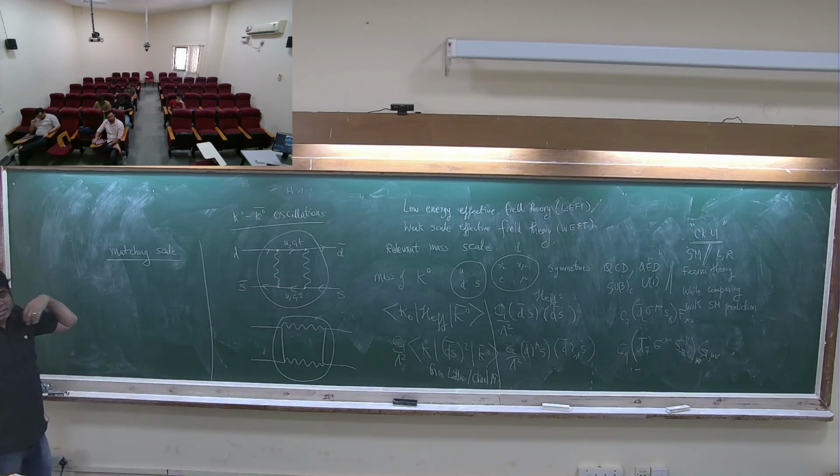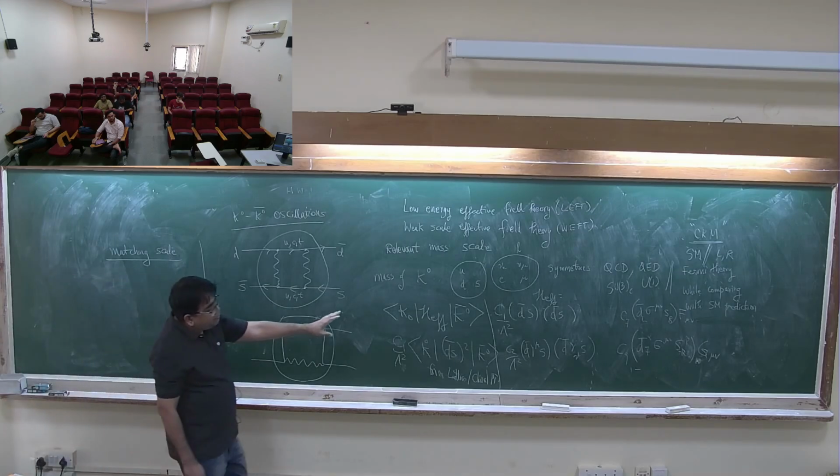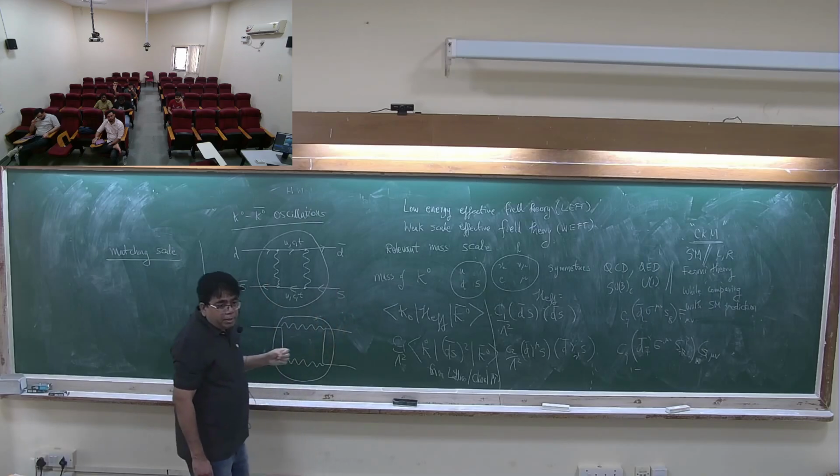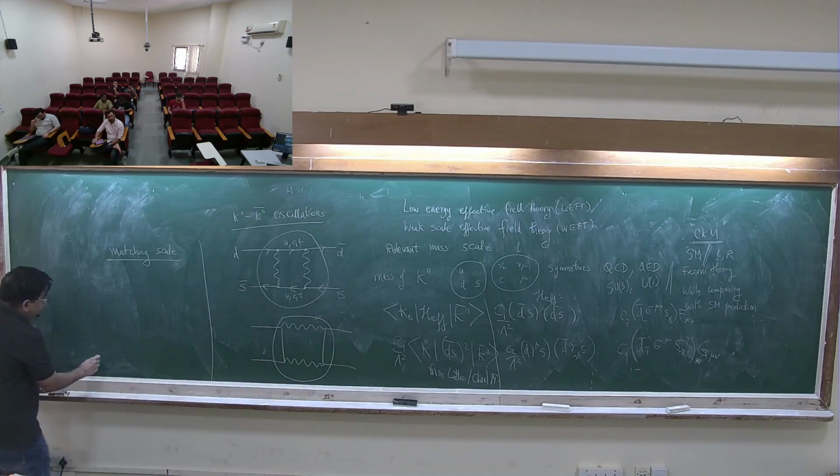So let's imagine that I do the matching. But these operators are defined at a scale lambda, which is close to, say, m_K. Now from m_K to v, I have to run them up.